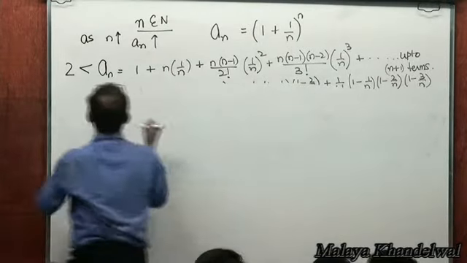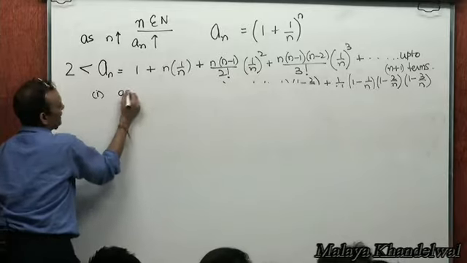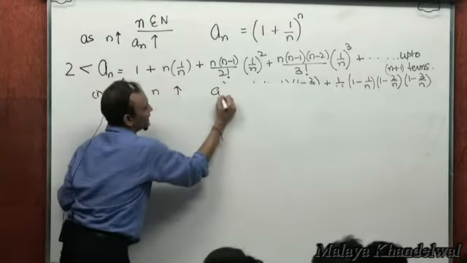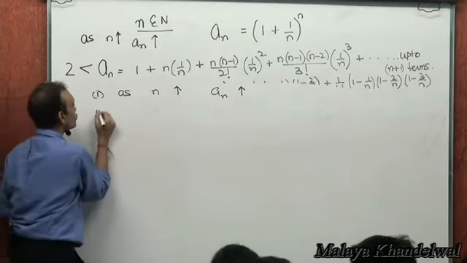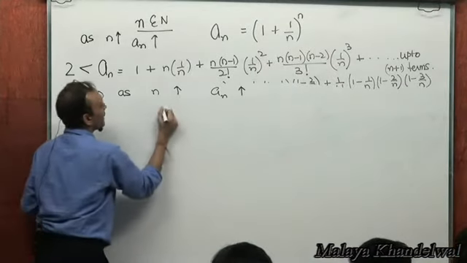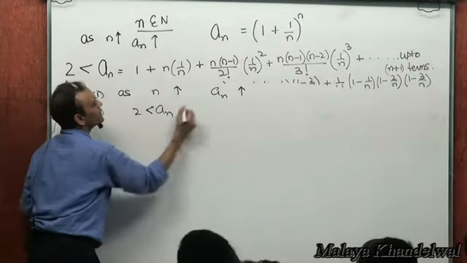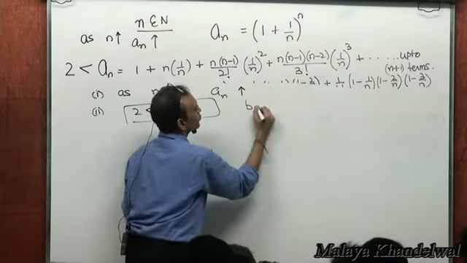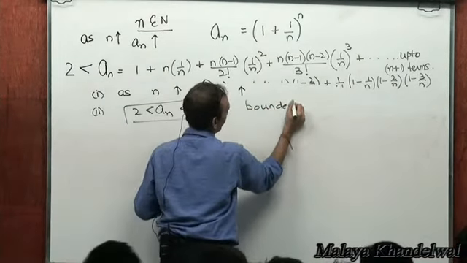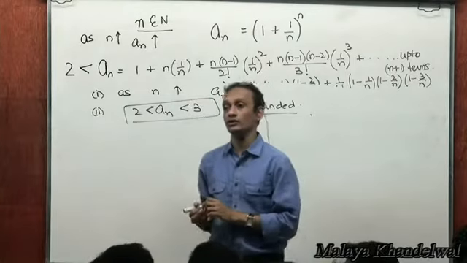So 1, as n increases, an increases. 2, an will always lie between 2 and 3. An is bounded. An therefore is bounded. No, it will never become equal to 3.